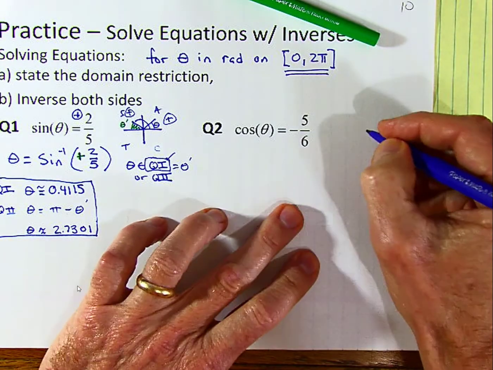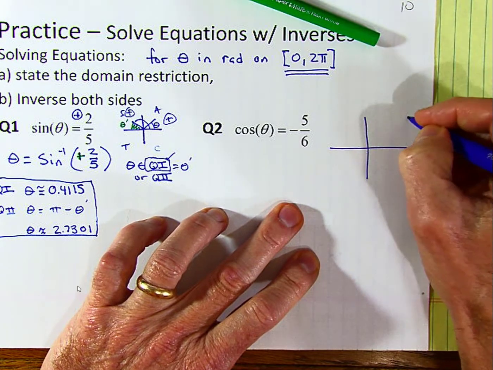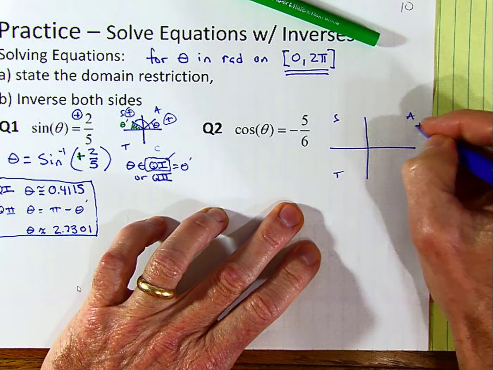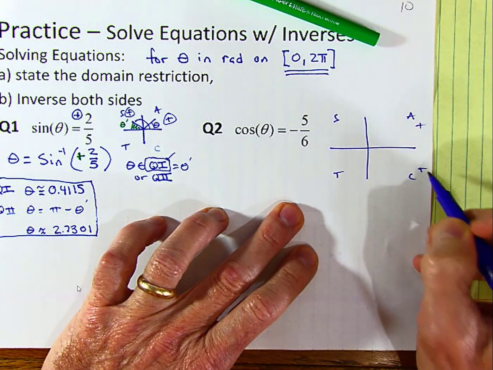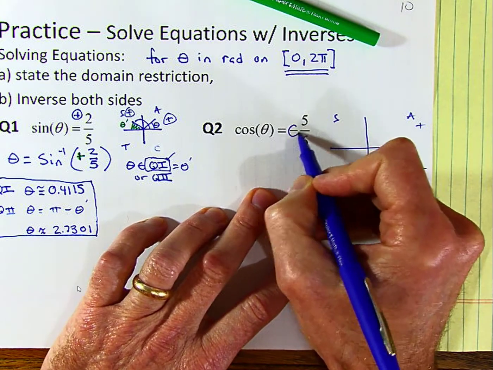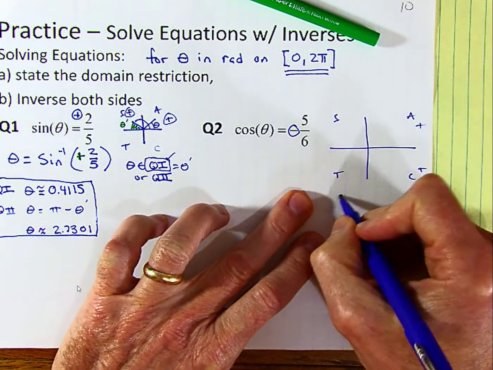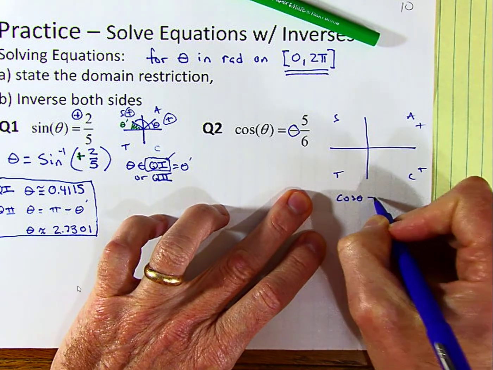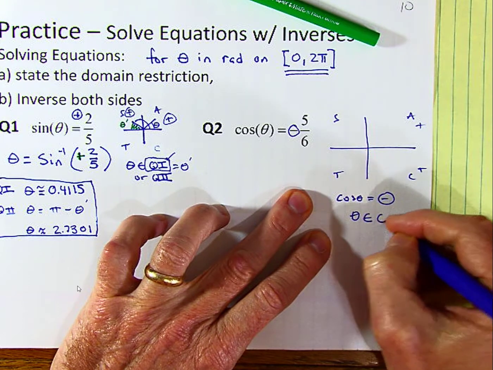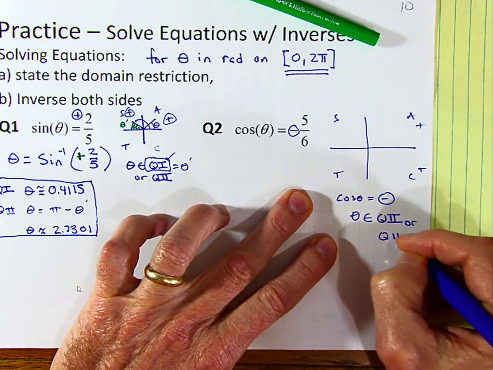Okay, now, where are my solutions? Well, we're thinking a smart trig class. Cosine is positive in these two, but I don't need positive. I need it to equal a negative ratio. So cosine is negative, so theta has got to be in quadrant 2 or quadrant 3.